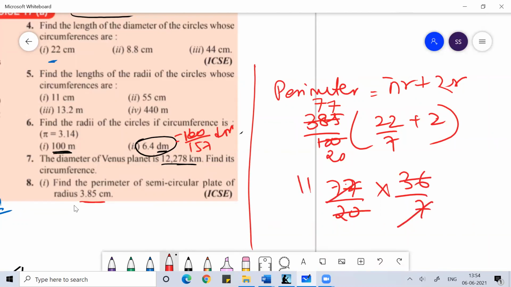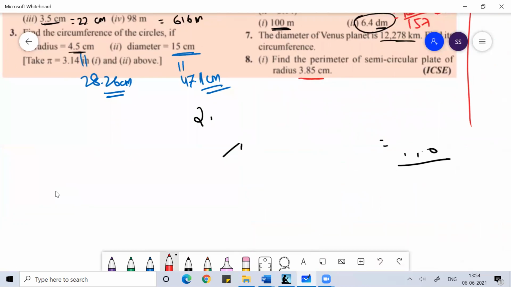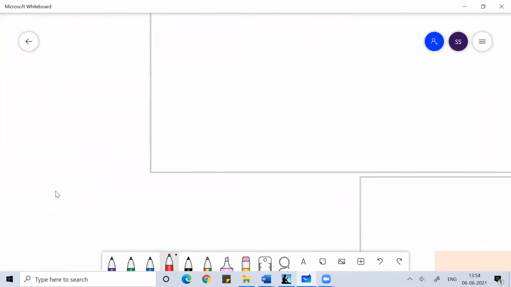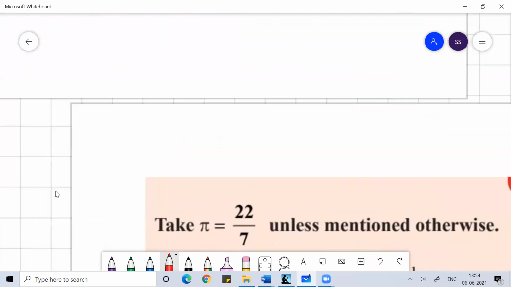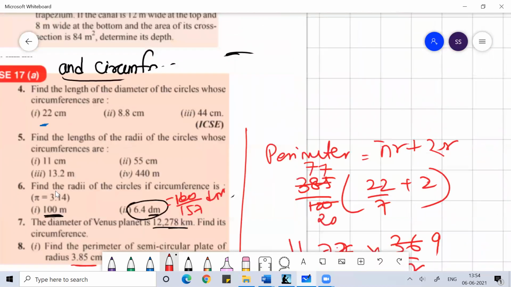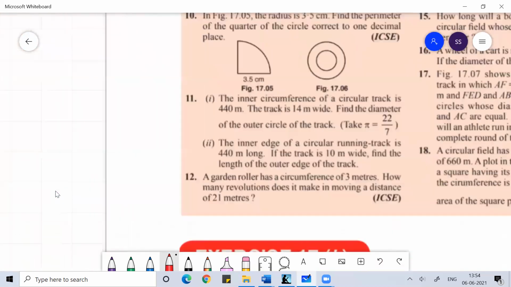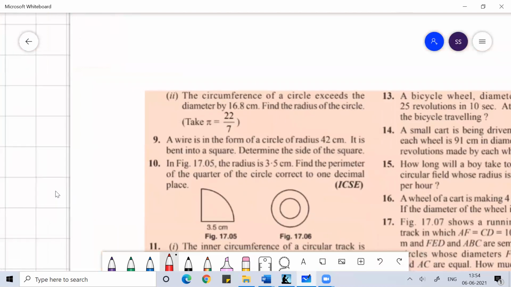This is 9 by 5. 99 by 5, no? Yes, sir. 19.8 centimeter.